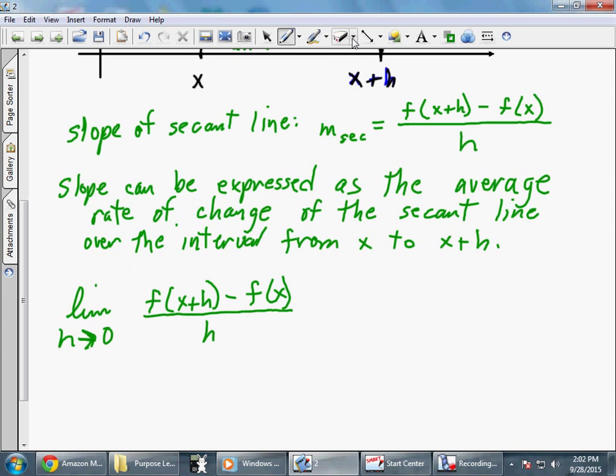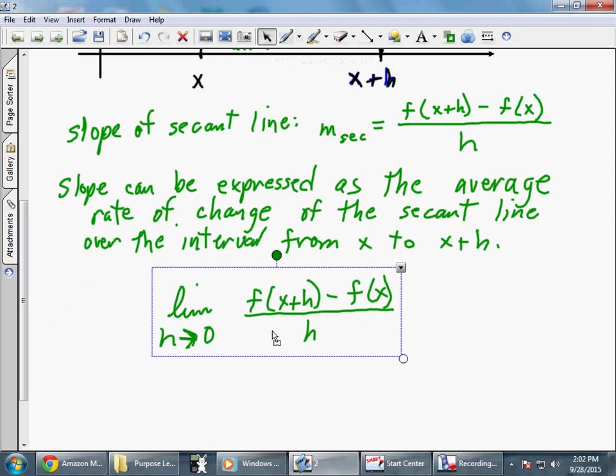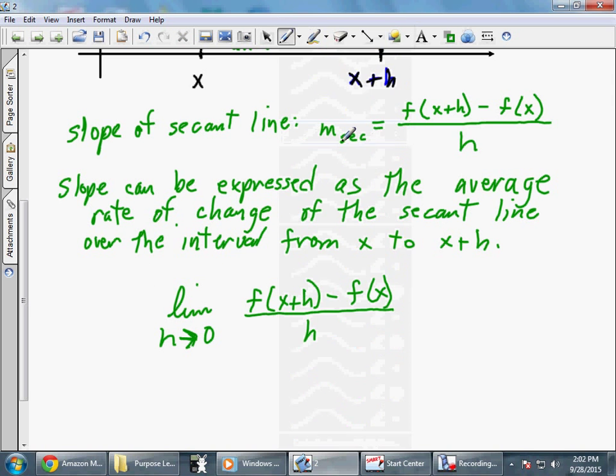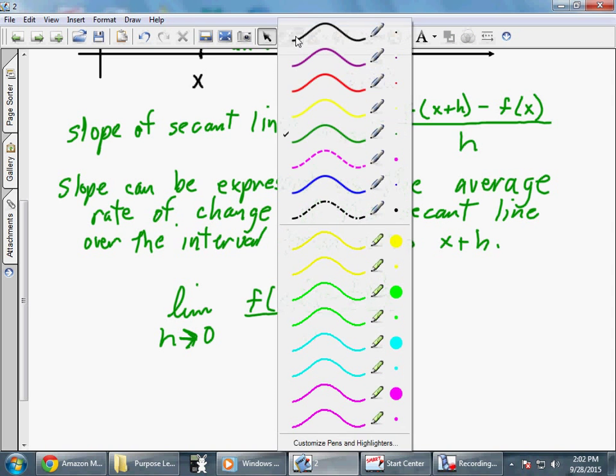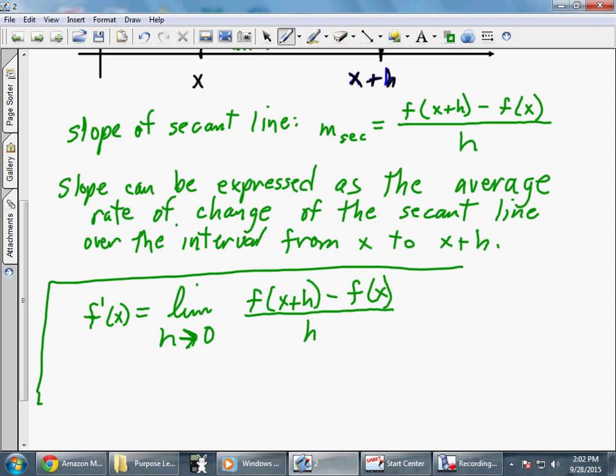Okay, and we're going to define this then as the derivative. We're going to give it the kind of notation that looks like this. We're going to say the first derivative of f of x, which is, come on, f prime of x equals.